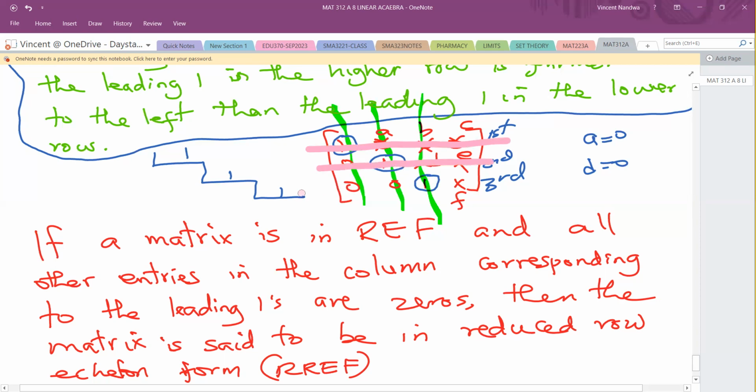Rows go from left to right. So what should we fix to be 0 for this matrix to be in reduced row echelon form?